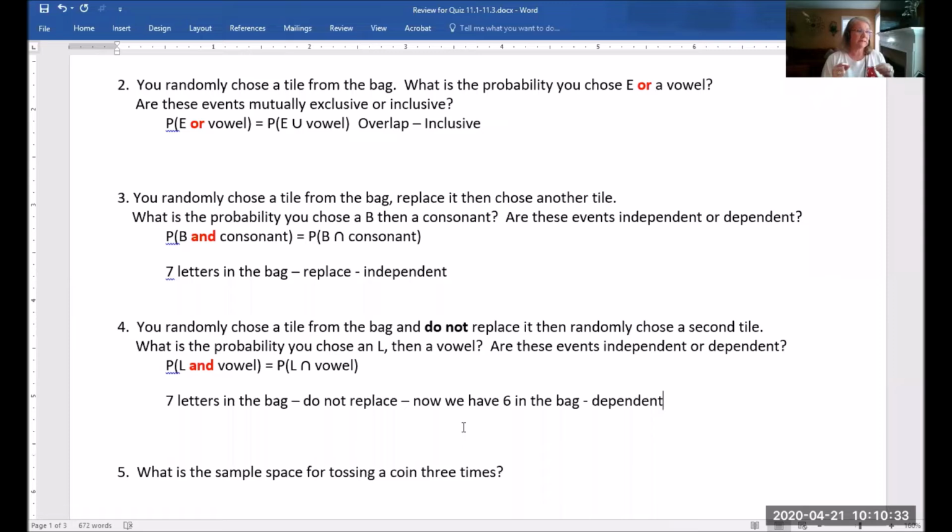And when it's dependent, that means we took something out. We didn't return it. It didn't go back into the group we started with, okay? That could mean we destroyed it, we ate it, we kept it, we didn't replace it like it said in this problem. So just be looking for those kinds of words when you guys are trying to determine whether something's dependent or independent, okay?